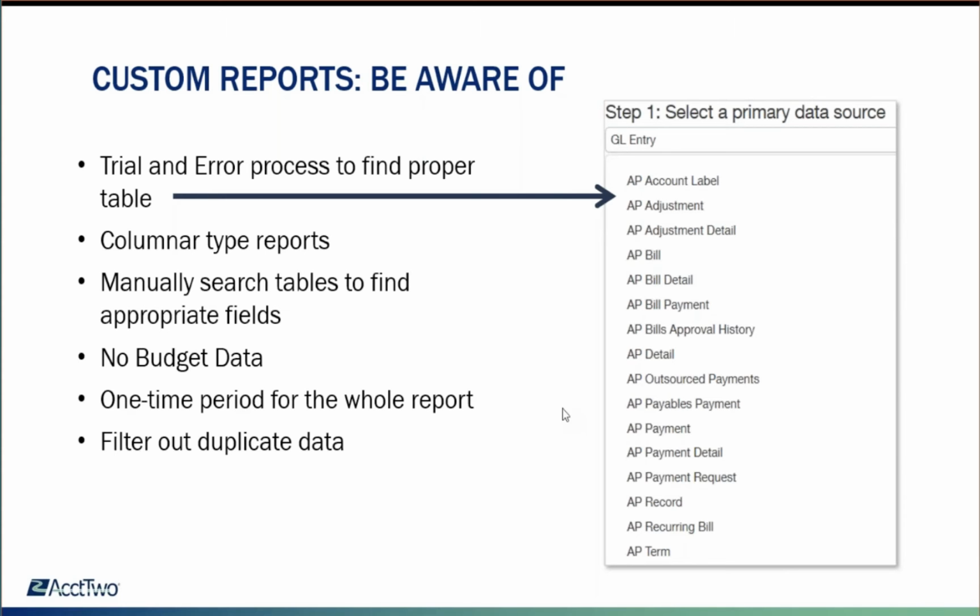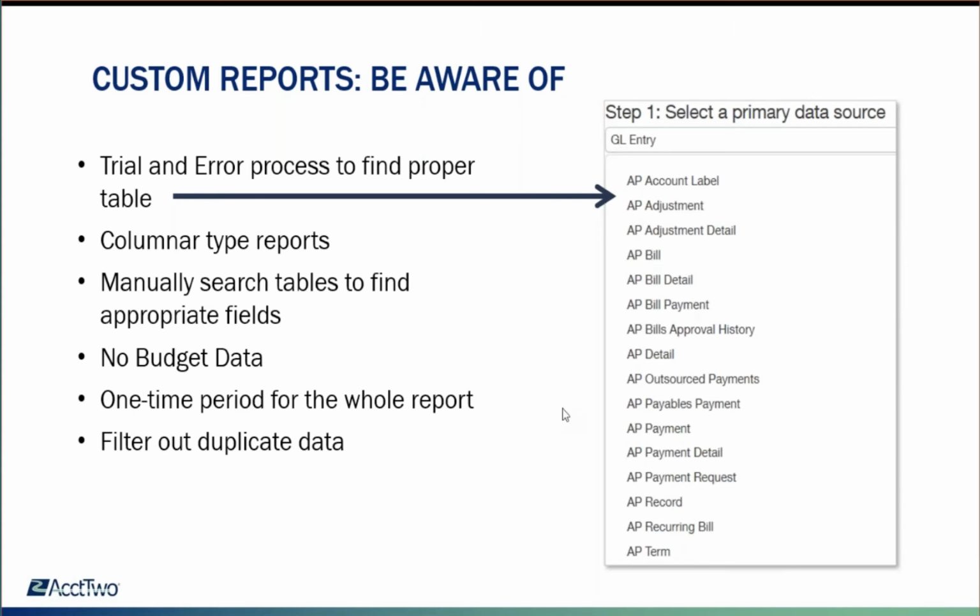And you may be looking for a field, and you have to search a bit and open up tables and subtables, etc., to find the field that you're looking for. Sometimes that's a bit of a process. It may take a little bit of time, but I just want to point that out since we're talking about things to be aware of.